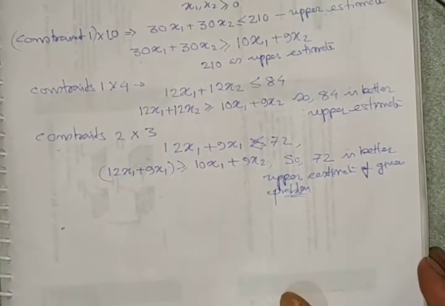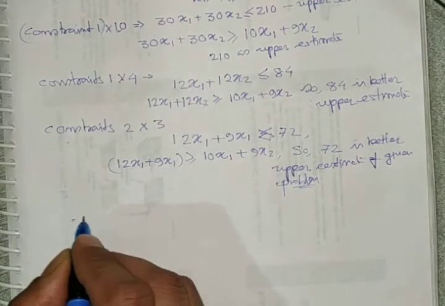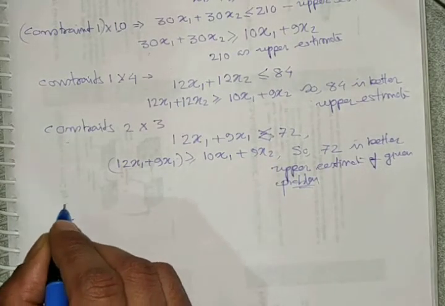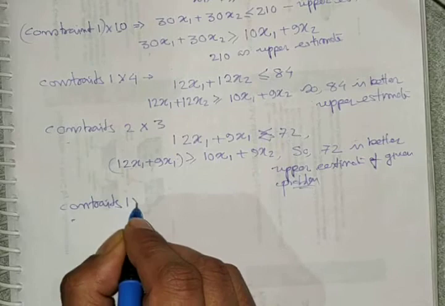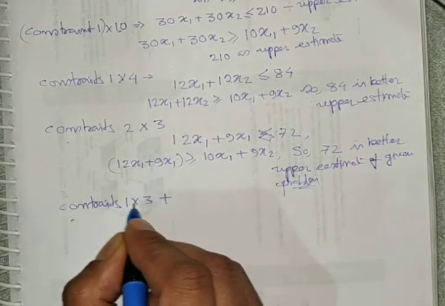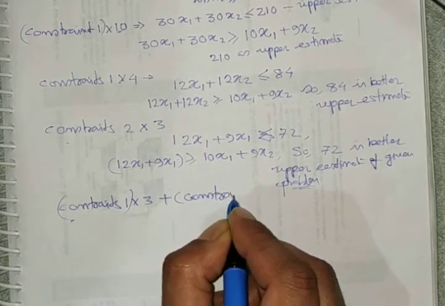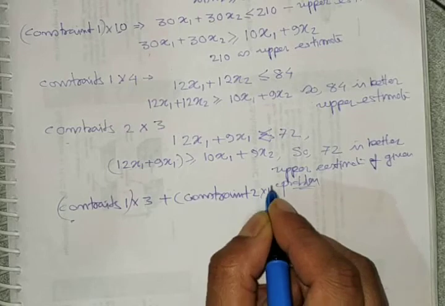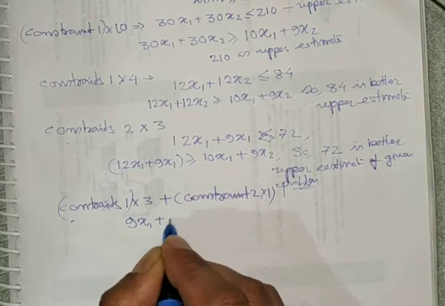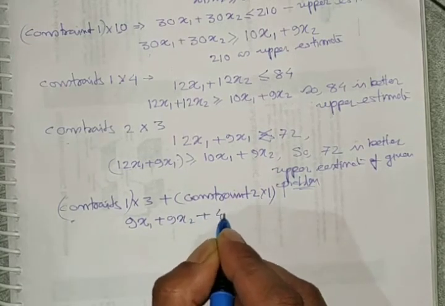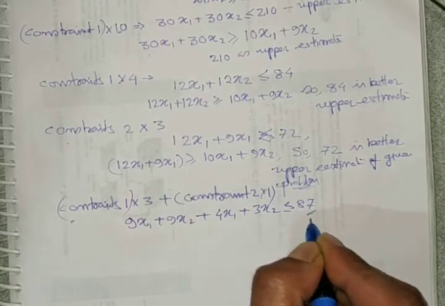Similarly, if you consider both constraints, suppose constraint 1 is multiplied by 3 plus constraint 2 multiplied by 1, if you do that, we will get 9x1 plus 9x2 plus 4x1 plus 3x2 less than or equal to 87.